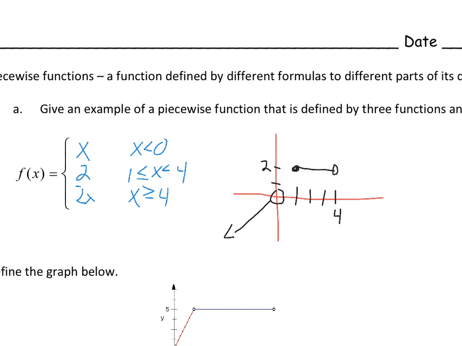And then finally we have the line y equals 2x starting at x equals 4. So right here, when x is 4, I would get a value of 8. So I'm going to start at the point 4, 8, and then just draw a line that has a slope of 2. You could plug in 5 if you want and get another point and then just connect those 2 points. You could count your slope, which is 2, so you go up 2 over 1, however you want to do that.